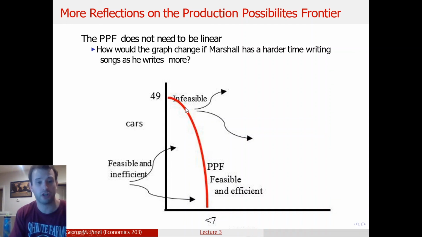So your opportunity cost is actually increased as you're writing more and more songs. Likewise, your slope is going to increase in absolute terms. So the negative slope is going to increase, or the trajectory at which you fall, the trade-off, is going to increase. Okay, so as you're writing more and more songs, the slope is getting steeper and steeper until on the last day, let's say it's day 5 and it takes you 2 days to write 1 song on day 5, what's your opportunity cost going to be?